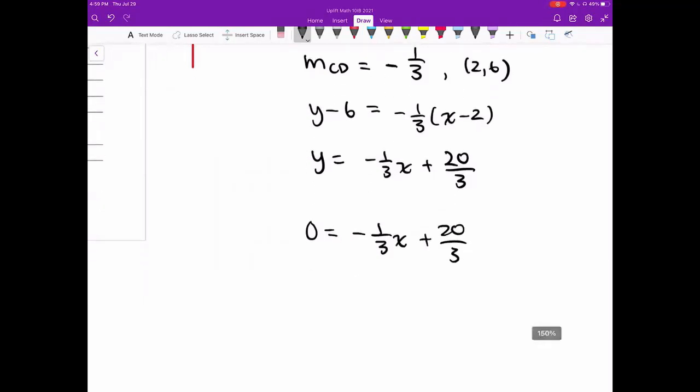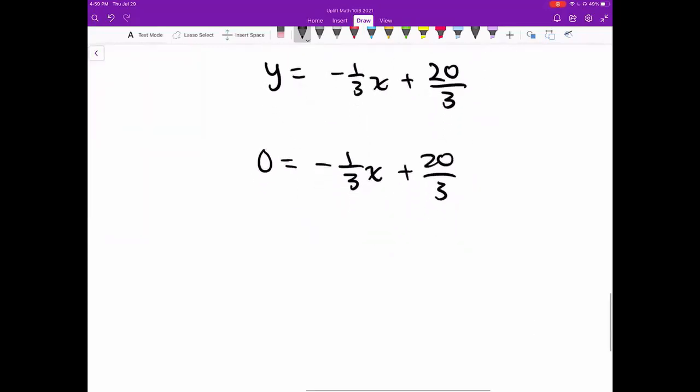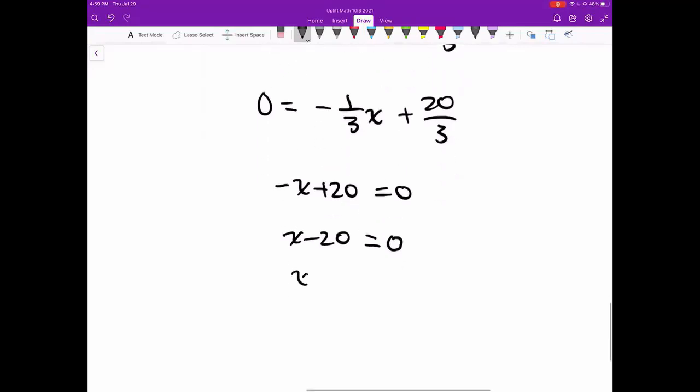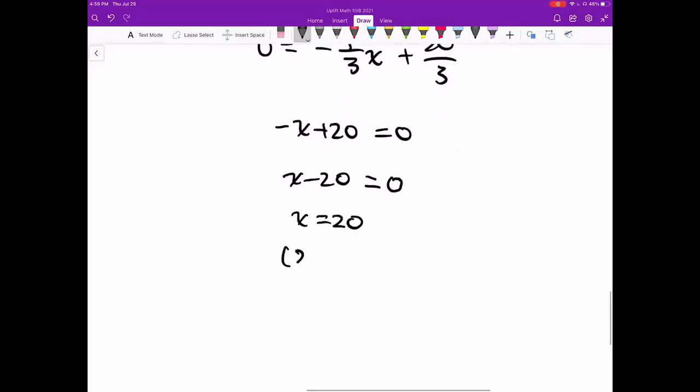If it's case 1, you can still do y equals mx plus b, but if you don't need the y-intercept, it's not that efficient. The answer is 20, 0, right?